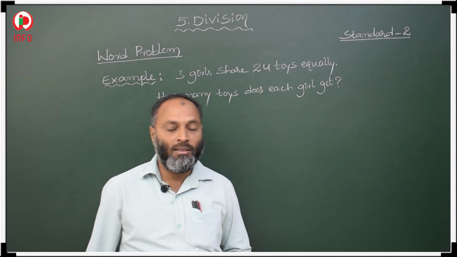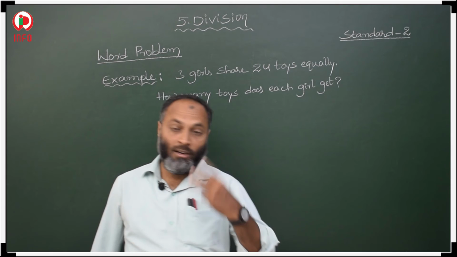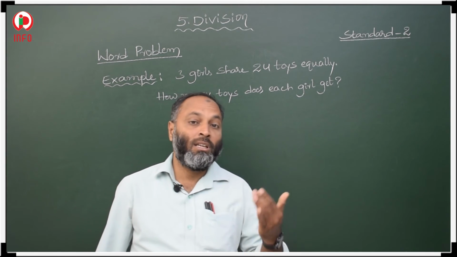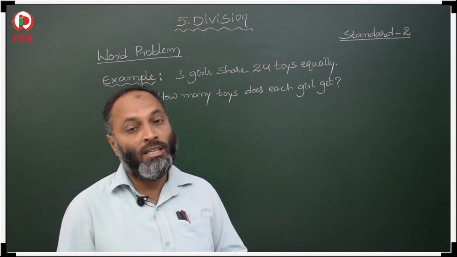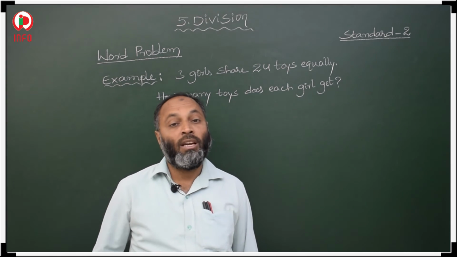He is asking how many girls are there. 3 girls. Then how many toys were there? 24. Those 24 toys, the 3 girls share equally. So, we have to divide here. He has given 3 girls and he is asking about 1 girl. When more is given and he asks about 1, then we have to divide.